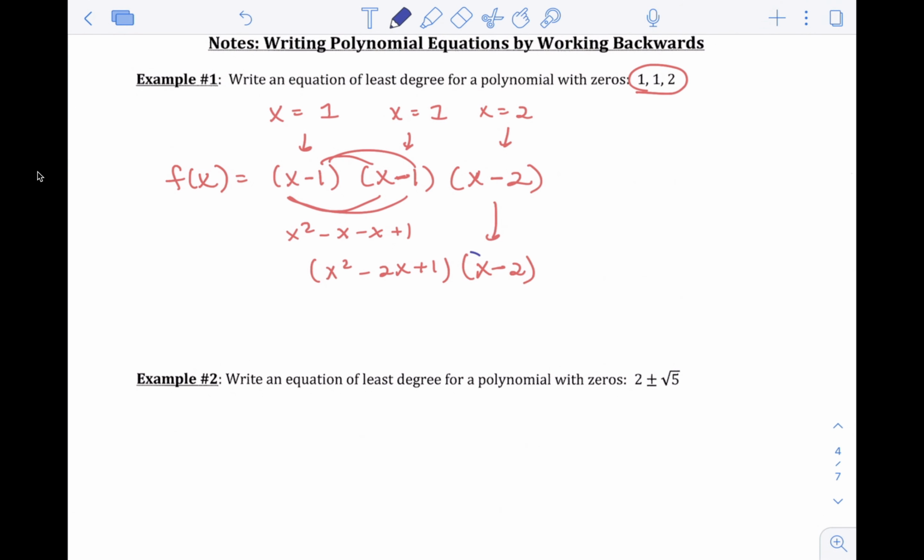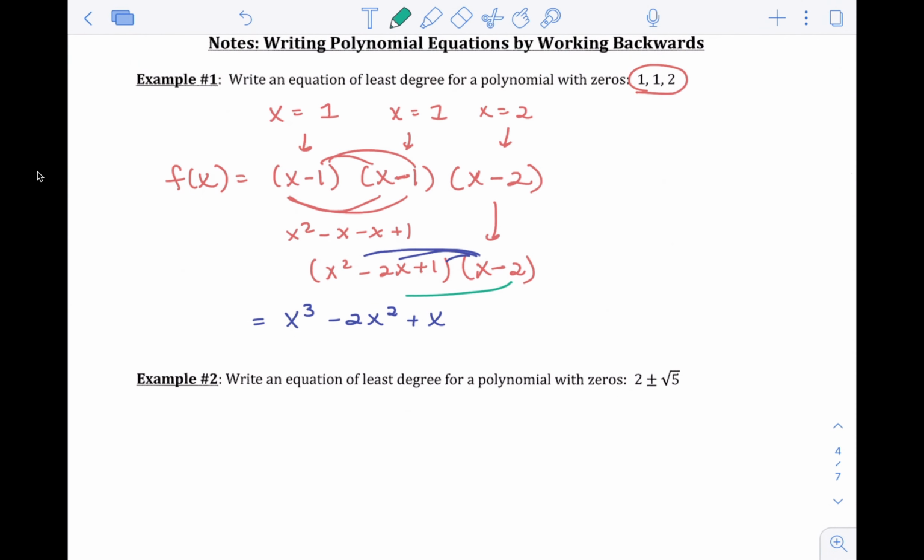So we distribute our x all the way through, and we have x cubed minus 2x squared plus x.